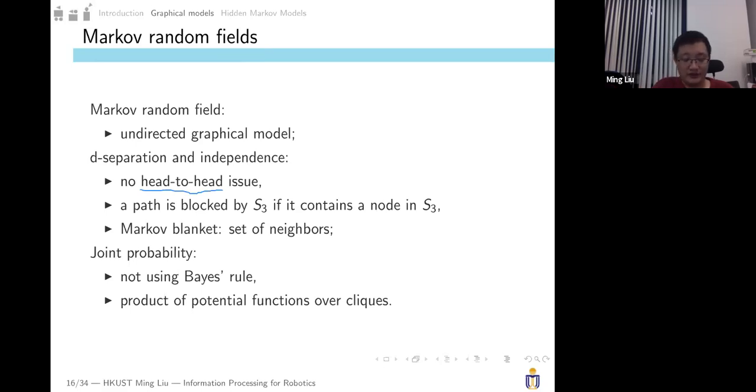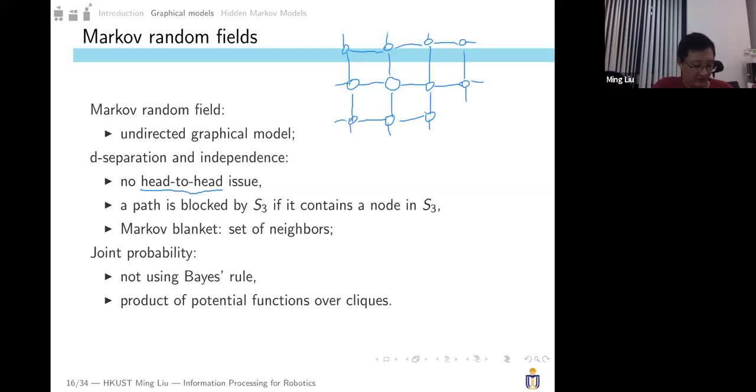If you consider this is a local area of an image, and the random variables at each circle can show some special properties of an image.